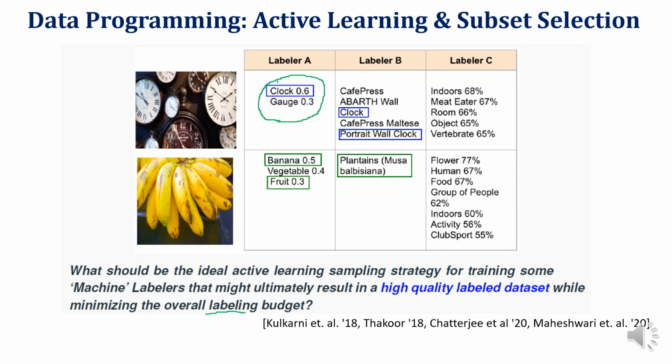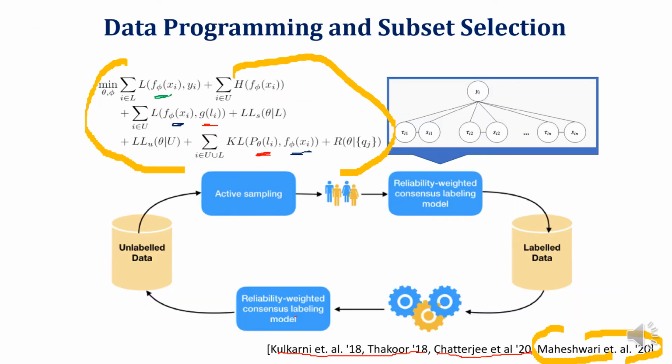We also want to ensure that we are minimizing the overall labeling budget. So we don't want too many examples to be labeled here. So this is an area that's being developed, data programming and in conjunction subset selection.